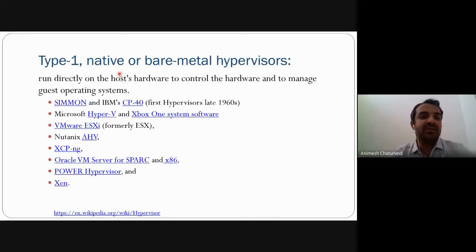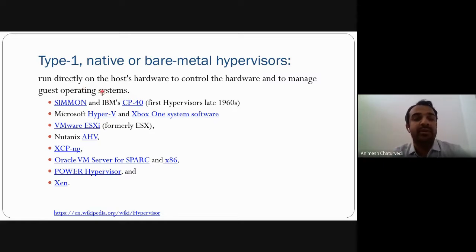Then this is type 1, the native bare metal hypervisor, that runs basically on the host hardware. Meaning there's a host hardware, and that host hardware basically controls and manages the guest operating systems.